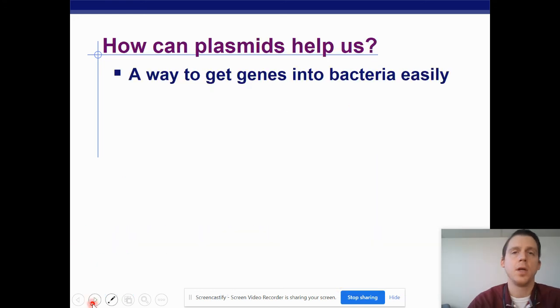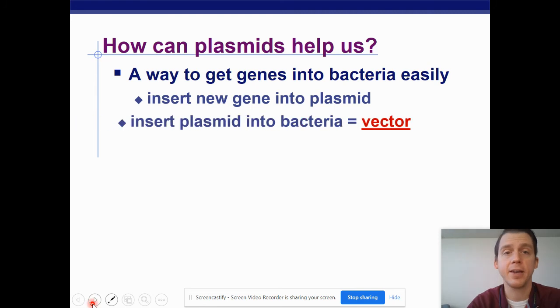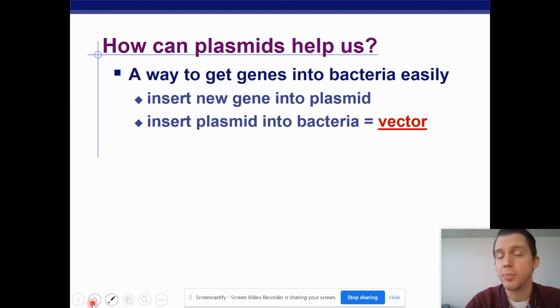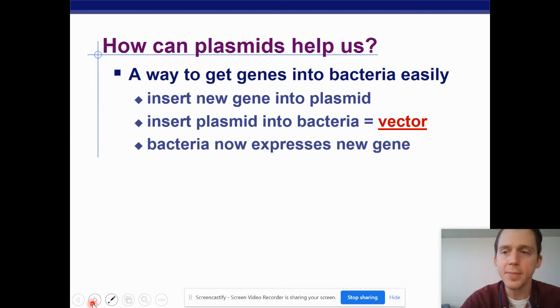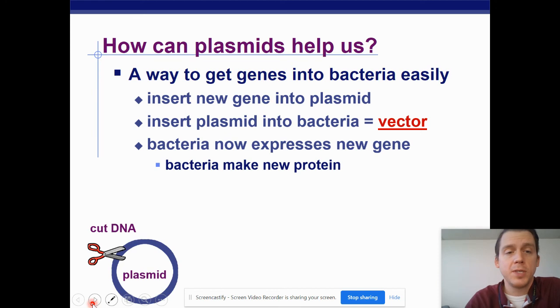Okay. So how can plasmids help us? Well, plasmids are very simple, they're very easy to deal with, and it's a way of getting a gene into a bacteria easily. We can actually take advantage of this. We can insert a plasmid into a bacteria. We would call that a vector. Then we can force the bacteria to express the gene we just put in that plasmid. And then the bacteria is going to make a new protein.